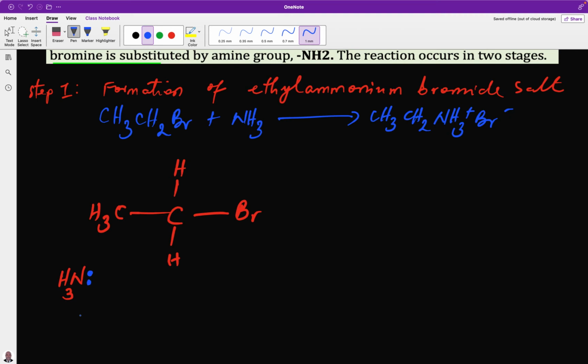Okay. Now, remember this molecule is polar: the carbon is partially positive and the bromine partially negative. So what happens? There is attack from behind, as we have been saying. SN2, the attack from behind.